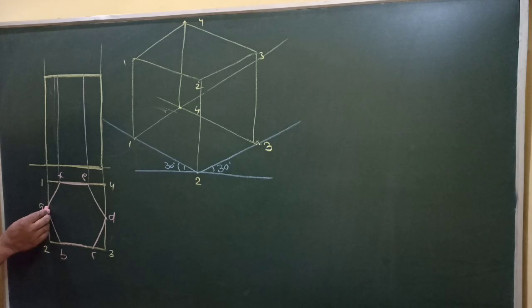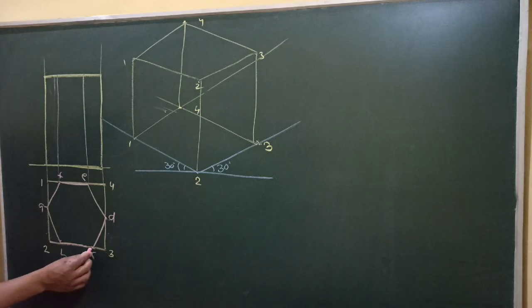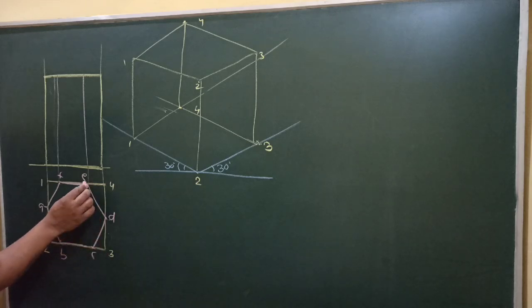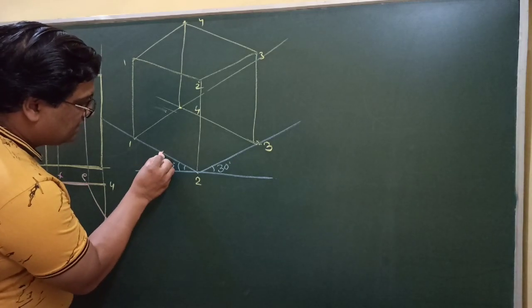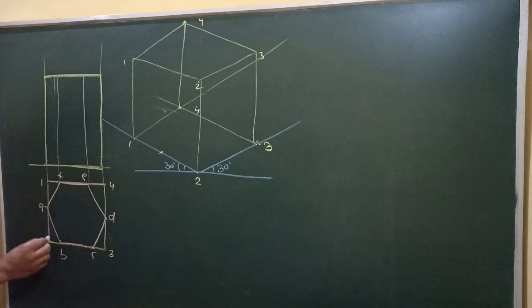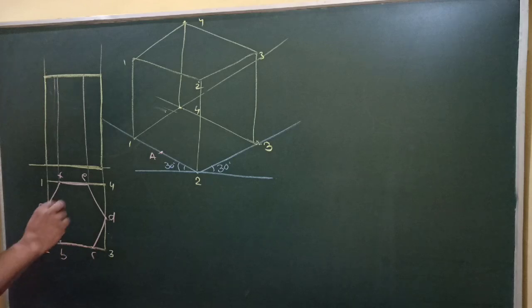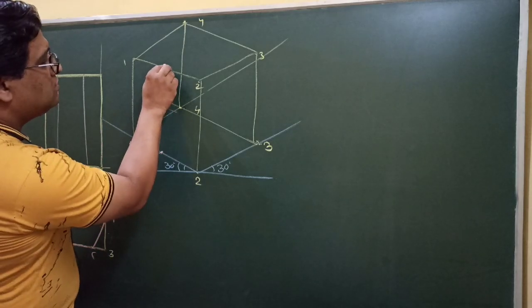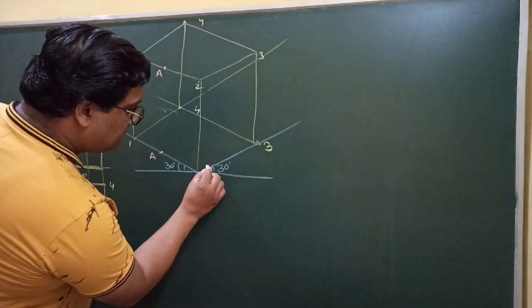Now you can mark A, B, C, D, E and F taking distances from 1 to B, 3 to C, 4 to E, and so on, and can mark here. Say this is midpoint of 1 to 2, so A can be marked here. So you have to mark A here also. Then 2 to B, you can take distance from here and mark there.